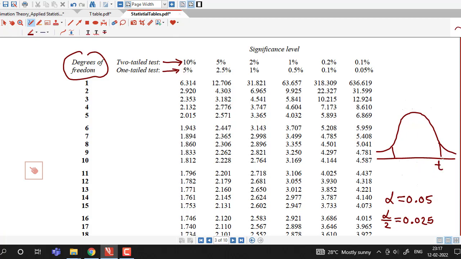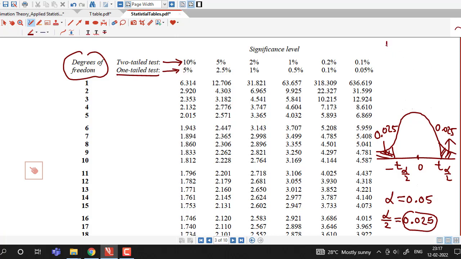So this point we denote by T alpha by 2, this point we denote by minus T alpha by 2, there will be 0 somewhere here. So area in both the tails, total area, is 0.05, and area covered by single tail is 0.025. So if we want to use one-tailed test, we will use this value 0.025.